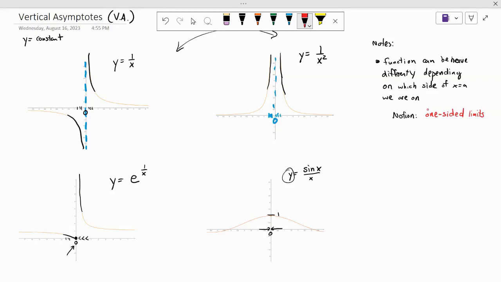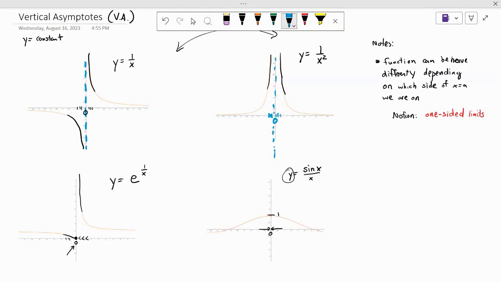Another issue would be, for which of these four scenarios would we say we have a vertical asymptote? We already see that for the first two graphs, you have y equals 1 over x and y equals 1 over x squared. We'll review one-sided limits.